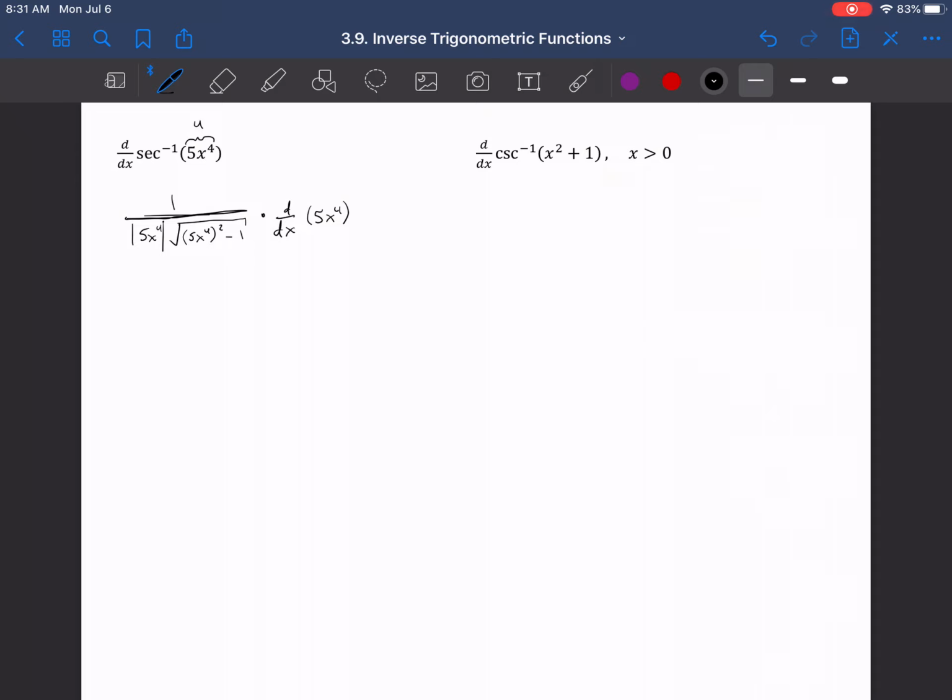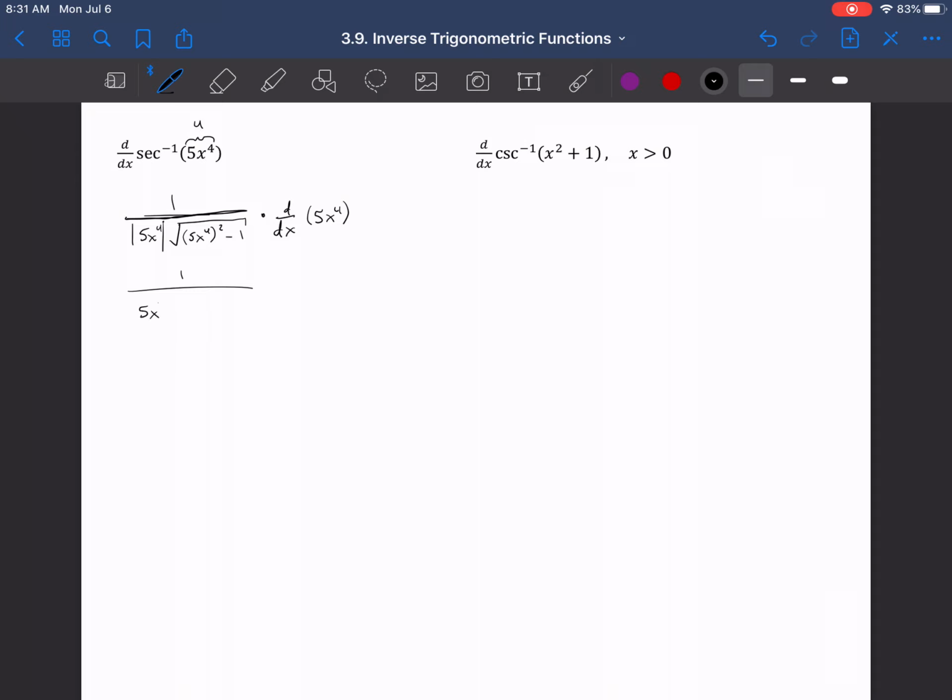Now x to the fourth is always going to be positive. No matter what you put in for x, you're going to get a fourth power. It's an even power, so it's going to be a positive value. So we don't really have to worry about those absolute values anymore.